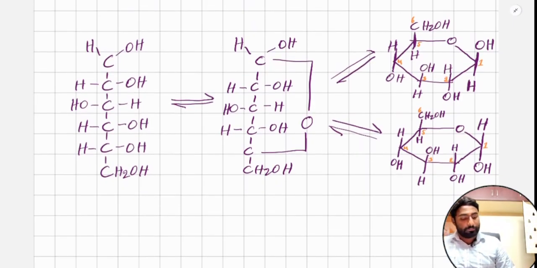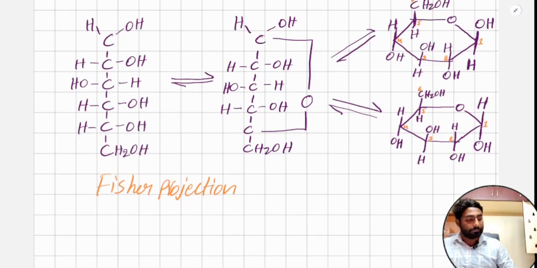See, this is a Fischer projection, and these cyclic structures are called Haworth structures. Okay.